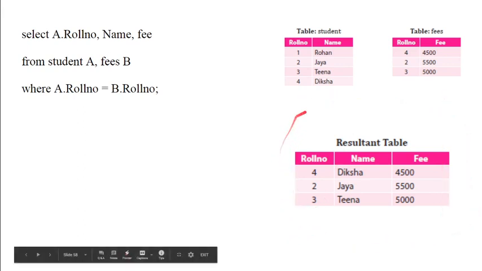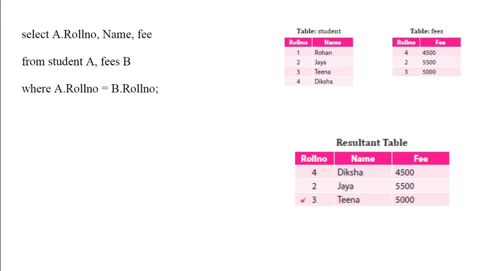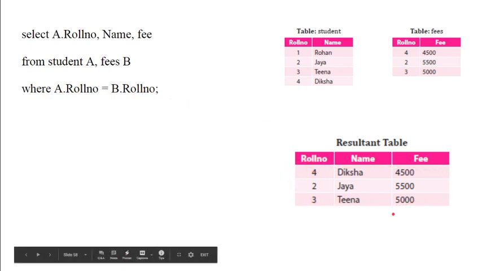Out of that, only these 3 records are correct, the rest of the records are false records. And to avoid these false records, we are using a condition called equijoin. This equijoin will remove all the false results and only the correct result will be retained.